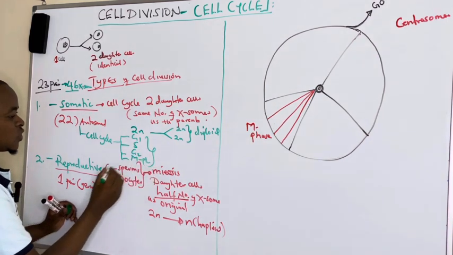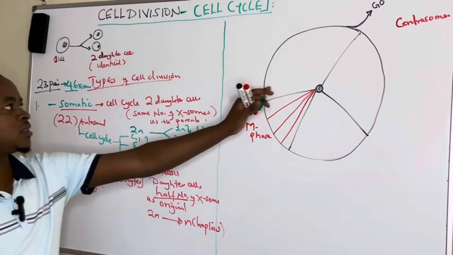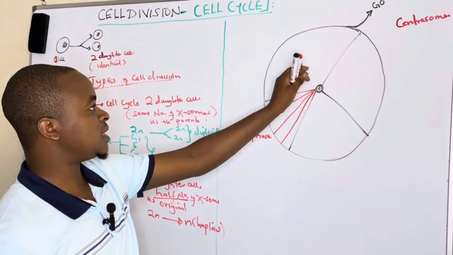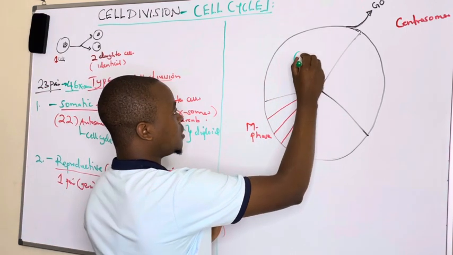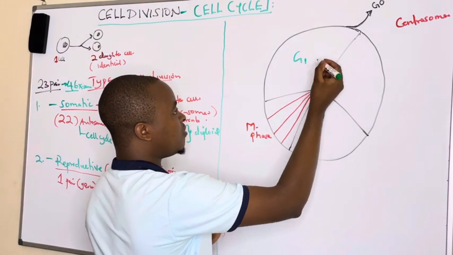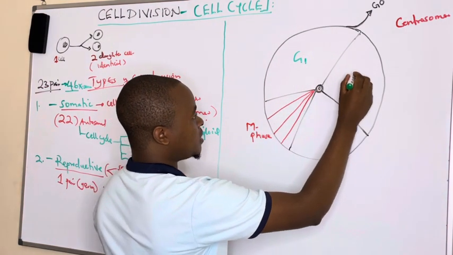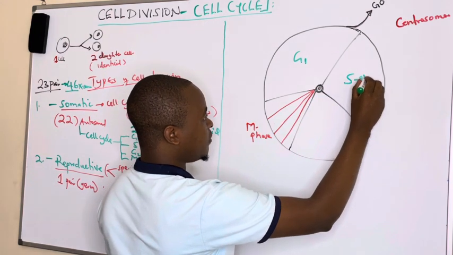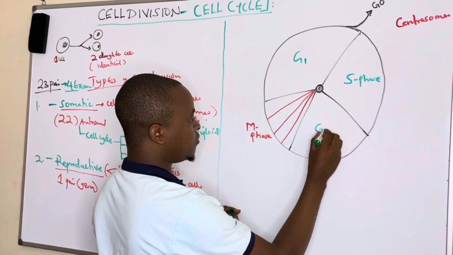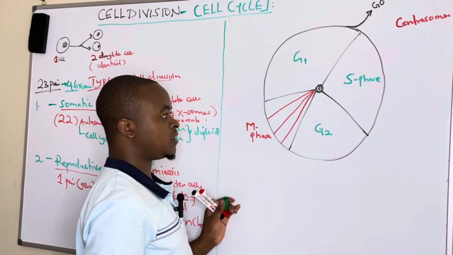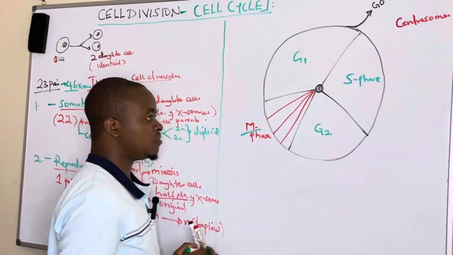This is the structure of the cell cycle, whereby the first phase is G1 or gap 1 phase, then the synthetic or S phase, then the G2 phase, which we call gap 2 phase. Then lastly is the M phase.